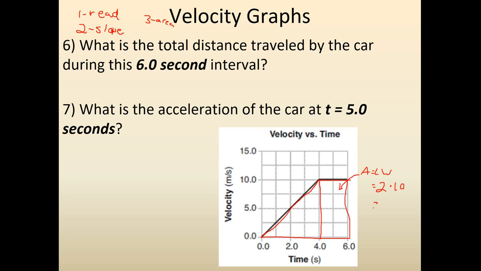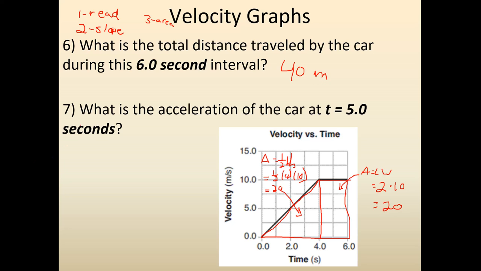So this area is going to be 20. And then this area is the area of a triangle, which is half base times height. The base is 4, and the height is 10. So we end up getting 20 again. So what is the total distance? 20 plus 20 is 40.